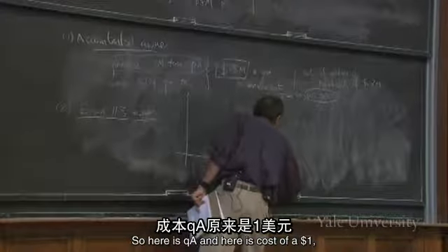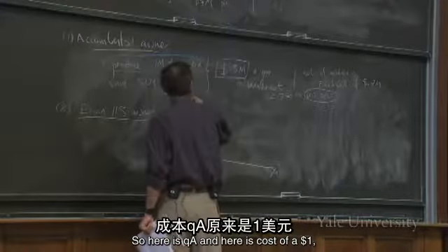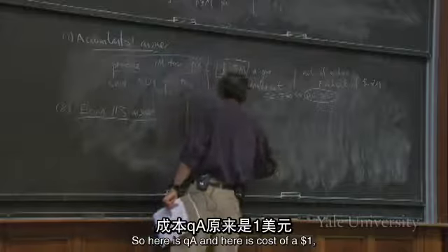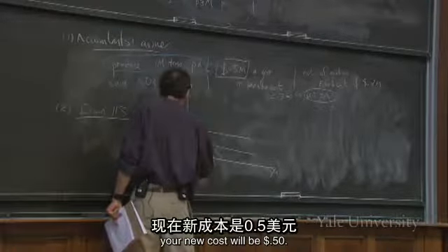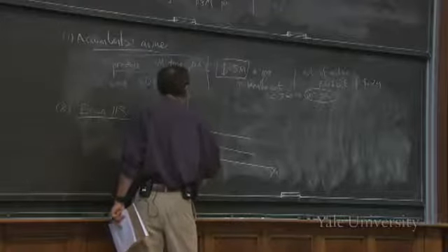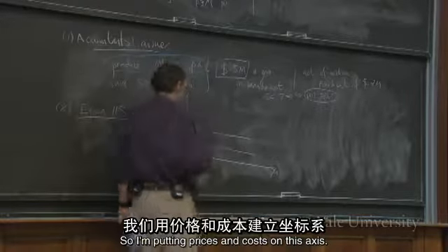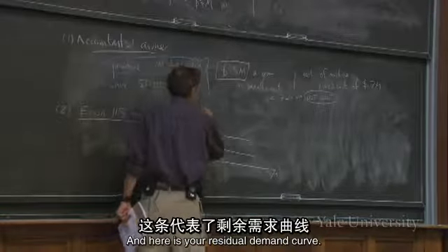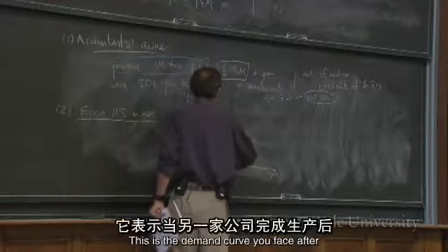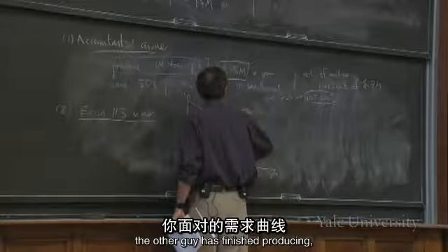So here is QA, and here is cost of $1. Your new cost will be 50 cents. I'm putting prices and costs on this axis, and here is your residual demand curve. This is the demand curve you face after the other guy has finished producing.